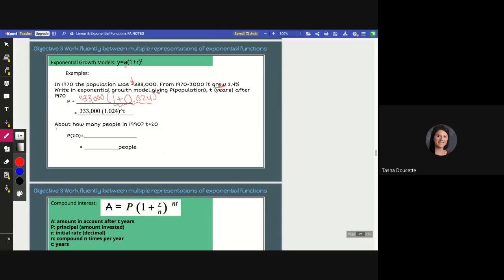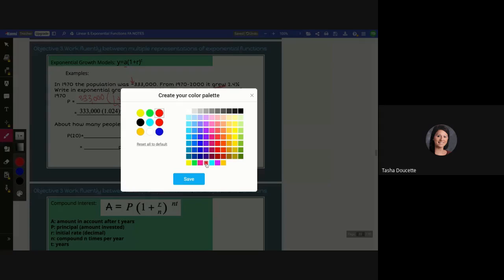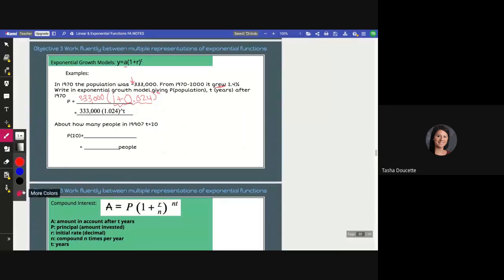Now it's asking how many people are going to be in 1990? So what I need to do is look at how many years are between 1970 and 1990. That means your t is going to equal 20.